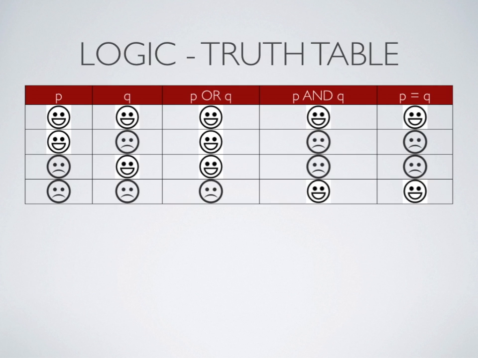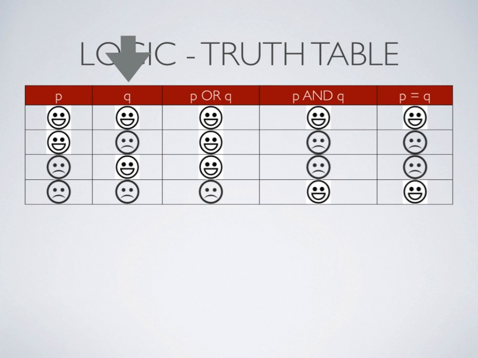Here we have a logic truth table composed of a series of columns and rows. In our first column we have P, which is one of our variables, and the next one is Q, the second variable. And instead of keeping the values true and false, I decided to use emoticons. So I'm sure we're all familiar with these: happy and sad.